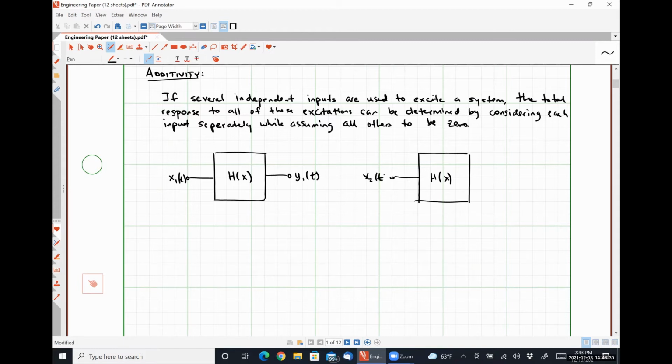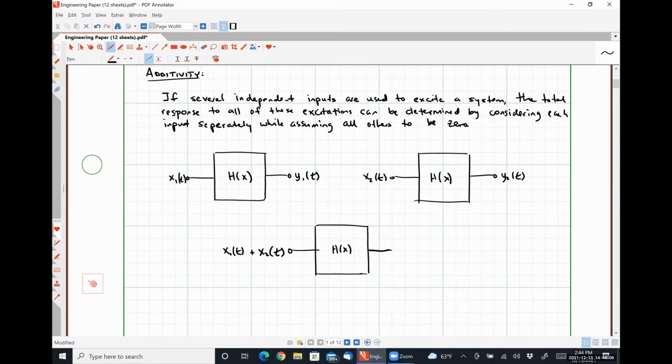apply an input x2(t), observe an output y2(t), then we could take that network and apply an input x1 plus x2, so just the sum of the input signals.